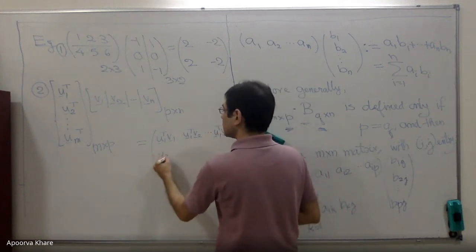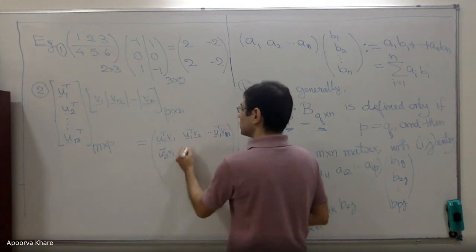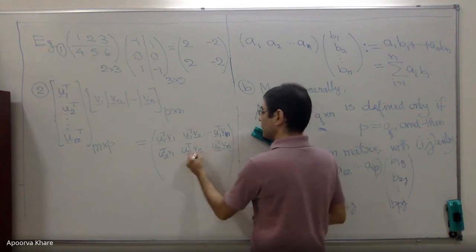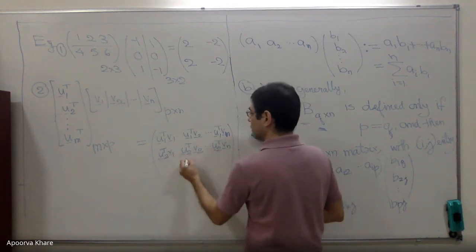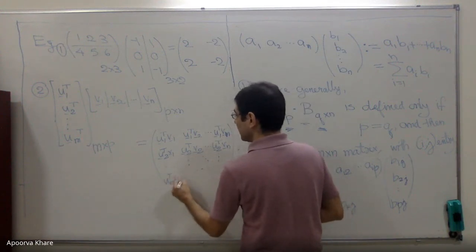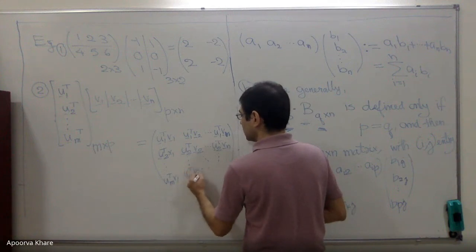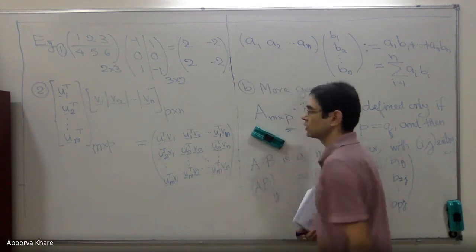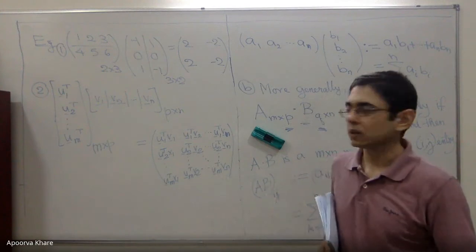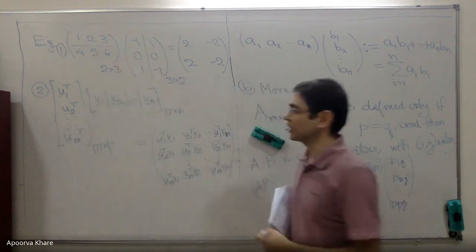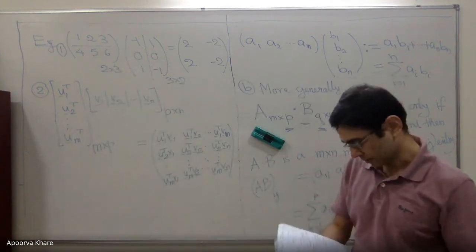Then similarly U2 transpose V1, U2 transpose V2, up to U2 transpose Vn, and finally UM transpose V1, UM transpose V2, up to UM transpose Vn. And so that's the general picture. You take the ith row, Ui transpose, times Vj, the jth column, and that is the matrix multiplication.